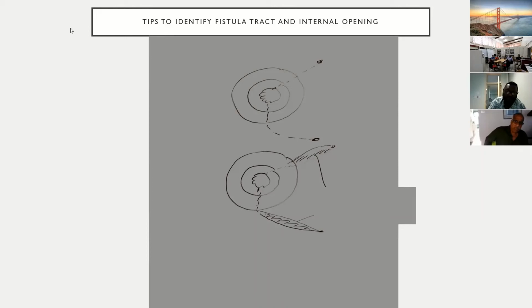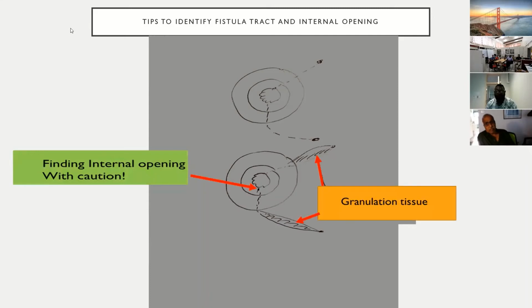Finally, I'll give you a tip I follow when I have done a fistulotomy in the past. The picture on the top shows an external opening anteriorly leading straight into the anal canal, and posteriorly a curved track.